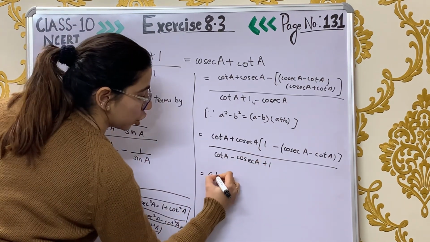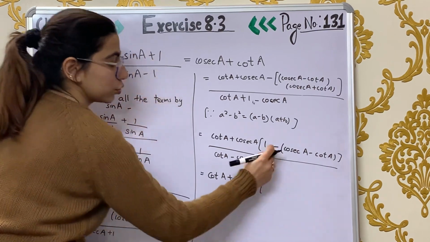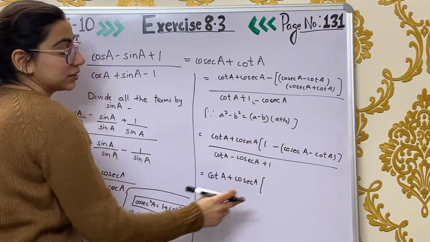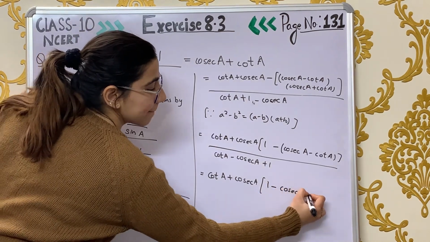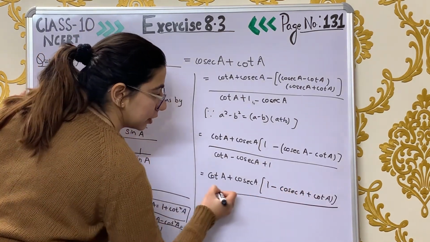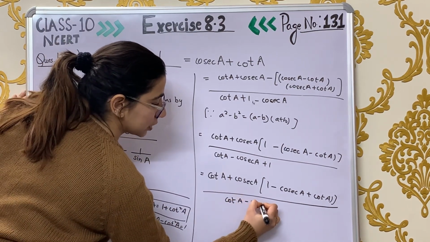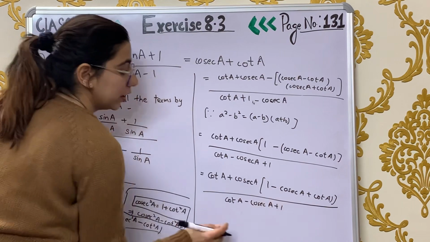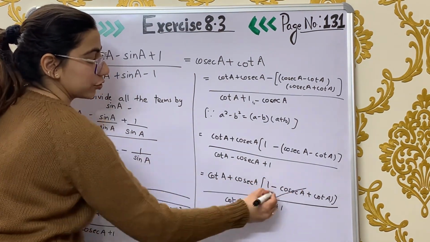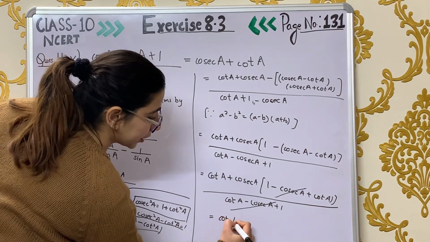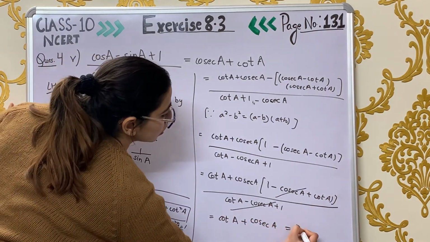Now this is going to be cot A plus cosecant A into, the minus sign will change the sign inside also, so it's going to be 1 minus cosec A plus cot A, and in the denominator we already have cot A minus cosecant A plus 1. We see the terms in numerator and denominator are both the same, so they get cancelled out, and we get the answer as cot A plus cosecant A, which is equals to RHS.